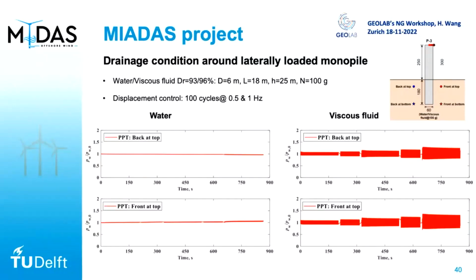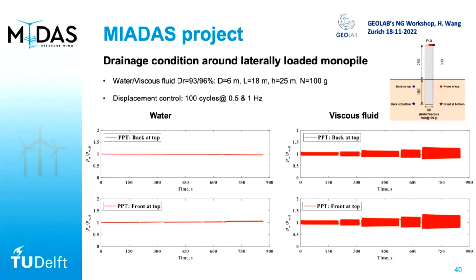Here we use displacement control to apply the load very fast, making our results closer to the field. So in prototype, it's normally 0.1 hertz for a typical wave. So it's quite slow. Of course, if there is storm loading, then it may be a little bit larger. But in the normal case, it's 0.1.